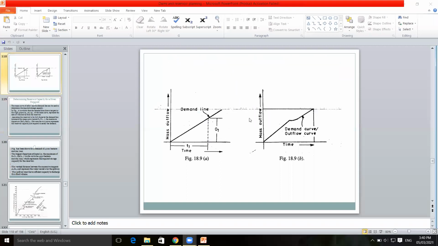This is the mass outflow curve, the demand line, the graph between mass outflow and time. This is a demand line, which is a straight line. Sometimes it may be parabolic, a demand curve, outflow curve. Similarly, the mass inflow curve and mass outflow curve. How to determine the reservoir capacity by knowing the dependable yield, mass inflow curve and mass outflow curve.